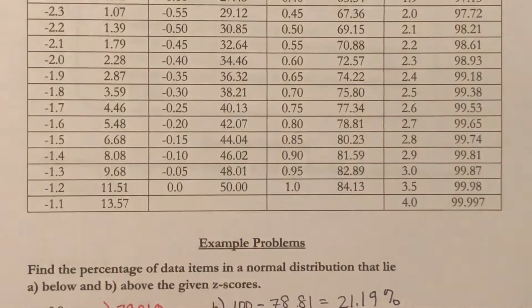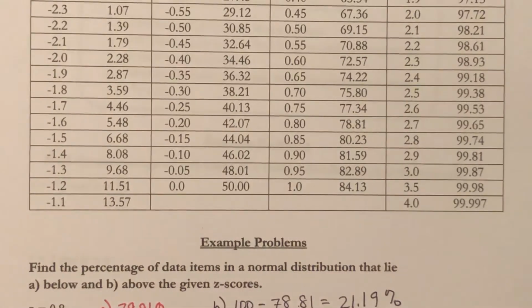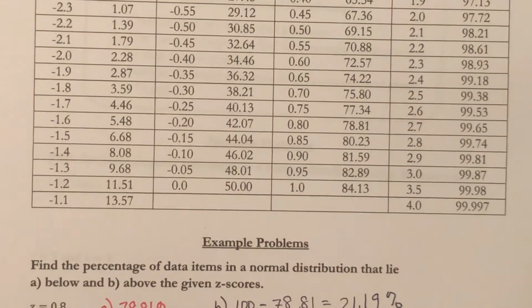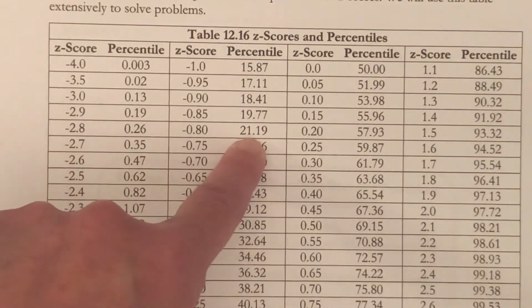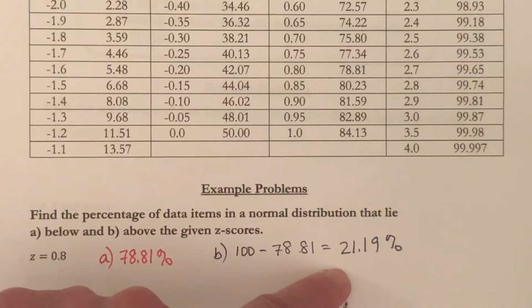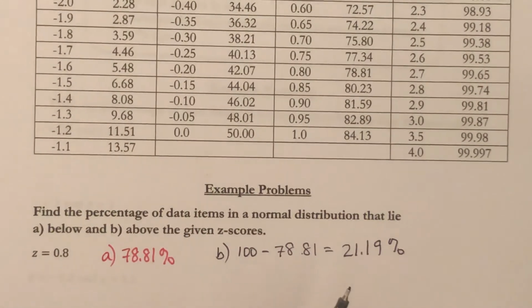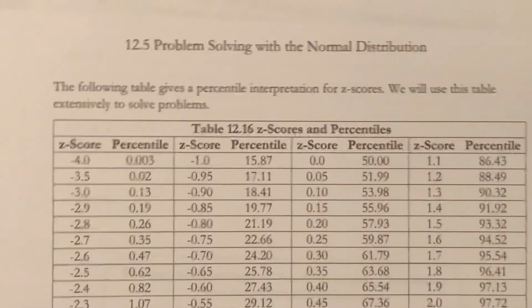But to find the above, if you're not given the whole chart, you do 100 minus. But if you do have the whole chart, there is another trick. I'm going to look at negative 0.8. And if I look at negative 0.8, I get 21.19, which is right here. So if you've got the full chart, you have both bits of information without having to do the arithmetic. But that's only if you have the whole thing.